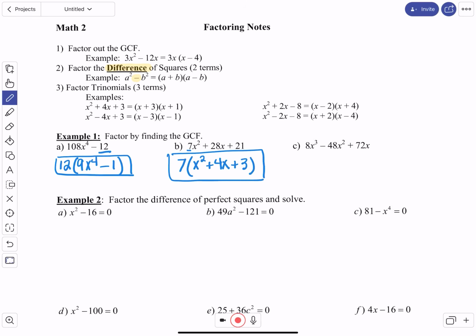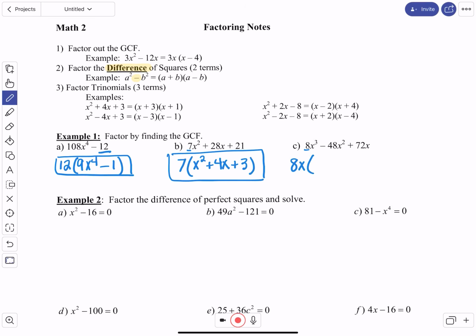All right, on C, I'm going to start with 8 because that's my smallest number. I'm just going to see if 8 will go into everything. 8 goes into 48. 8 goes into 72. So 8 is going to be part of my GCF. Now, they also all have an x with it, so x is going to be part of my GCF.